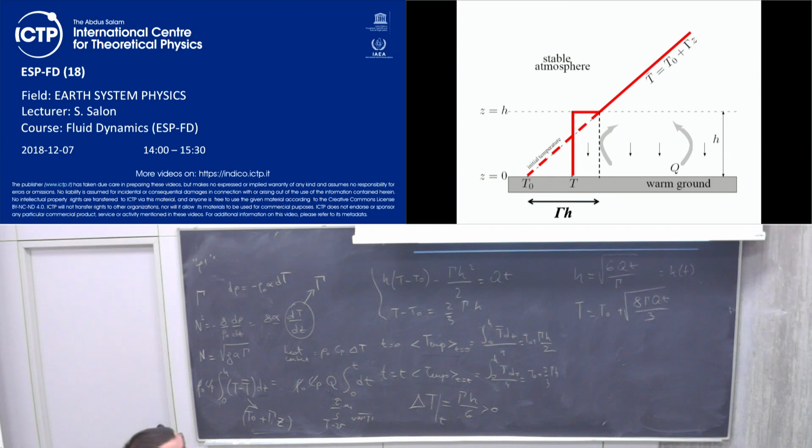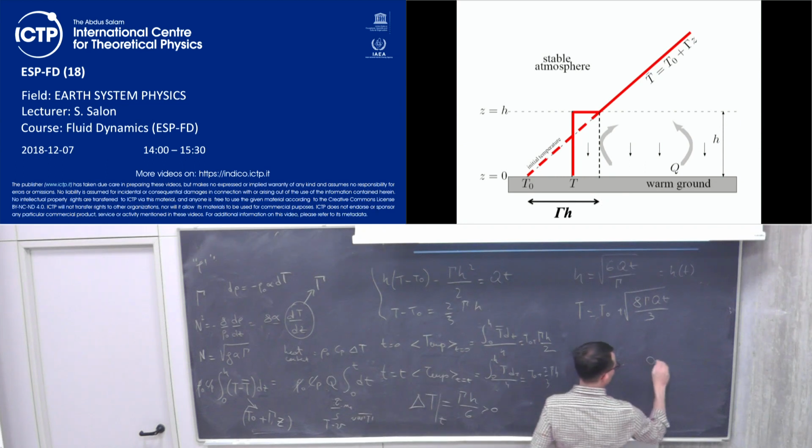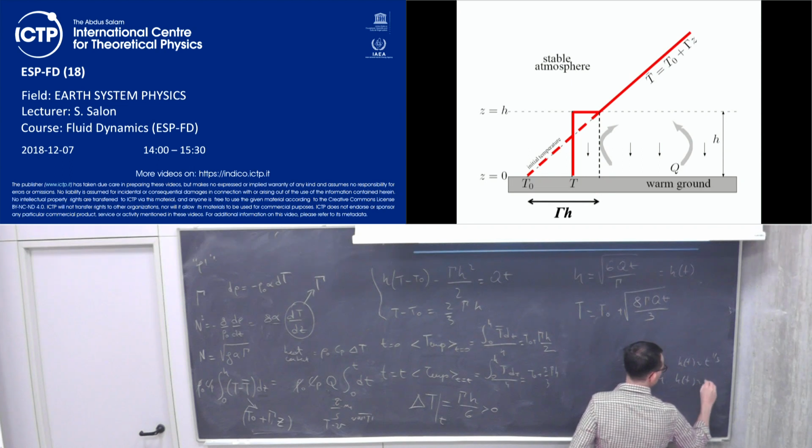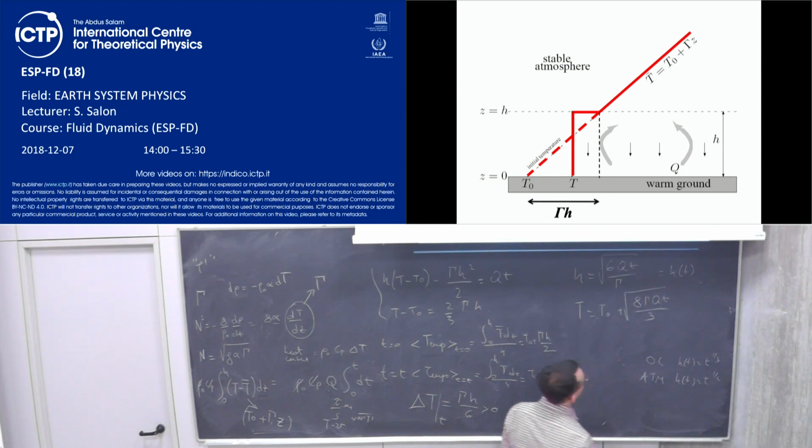Which increases in time, but if you remember, in the ocean h of t was t to the 1/3, while in the atmosphere h of t is t to the 1/2. Okay, so actually it's faster.